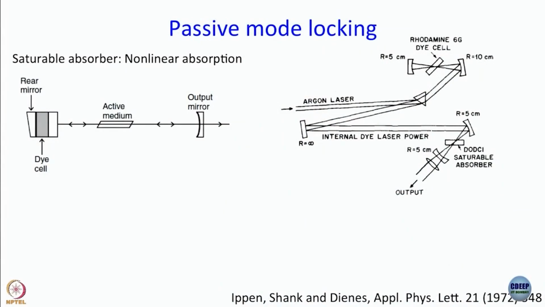Okay? So, right now what you see is a very general schematic of a laser with a saturable absorber, passive mode locker. And this is a schematic of an actual laser, once again from many years ago. You can see the year of this paper, it was published in 1972, Applied Physics Letters 1972.